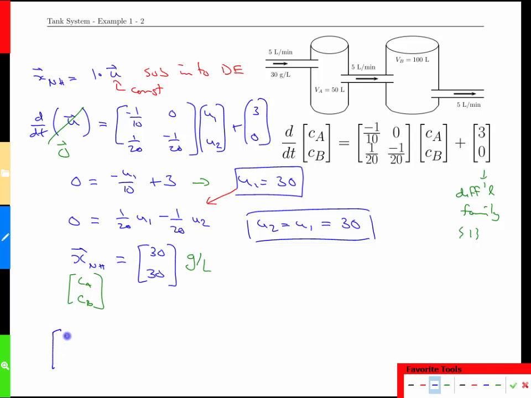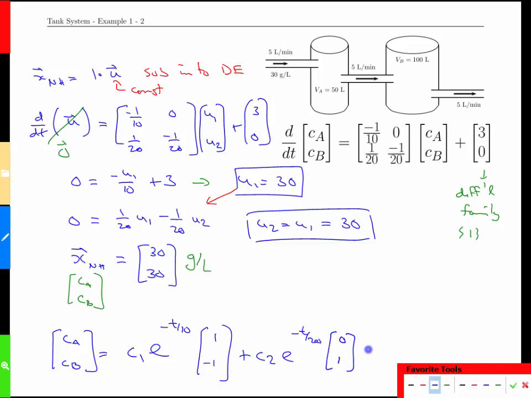What we can do now is write out our general solution. Ca and Cb are C1 e to the minus t over 10 times its eigenvector, 1, -1, plus C2 e to the negative t over 20 times its eigenvector, 0, 1, plus our new 30, 30 constant value.